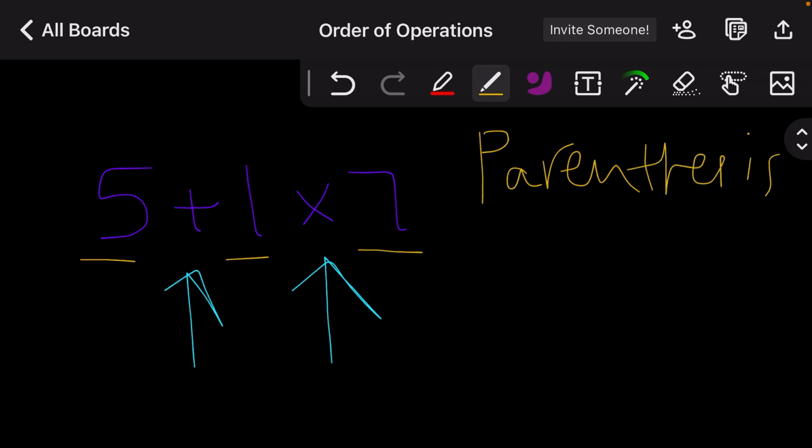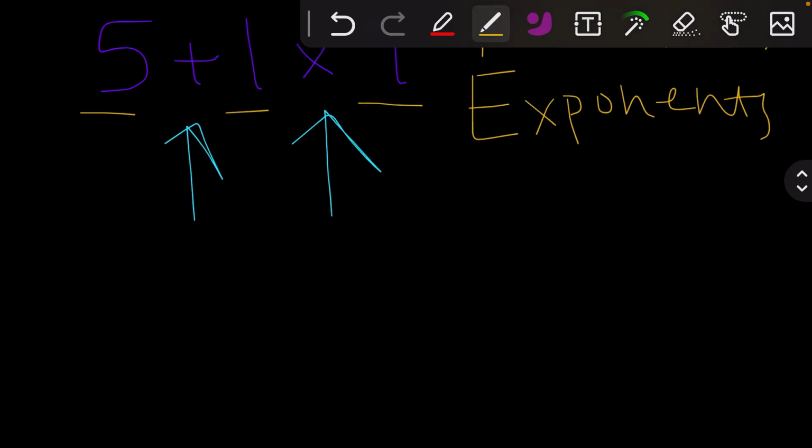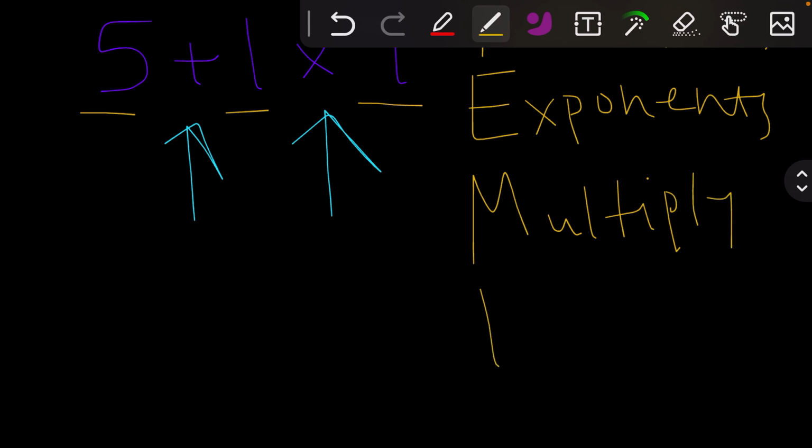Parentheses. The second thing that you compute is anything with exponents. After you compute the things with exponents, then you do multiplication and division.